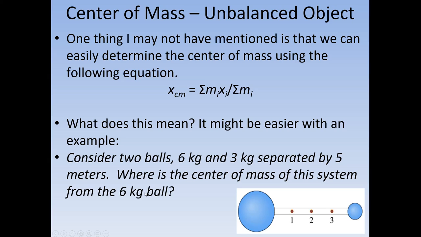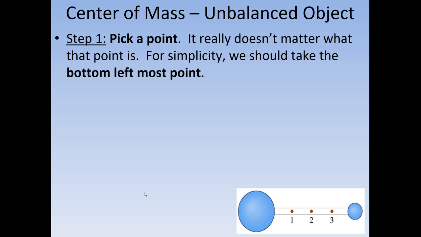So the way that we go about figuring out where the center of mass is, we first start off with just picking a point. We have to pick a point to be what we call the reference point. Now they explicitly said that they wanted it from ball B, from the 6 kilogram object.